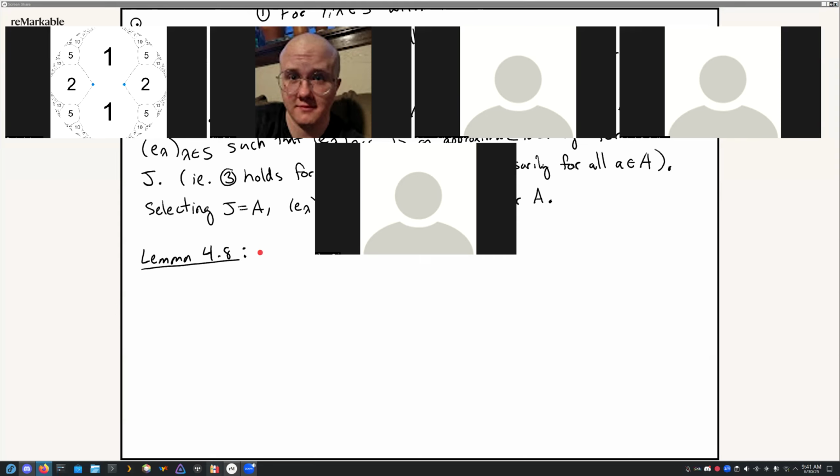It says that if J is an ideal in your C-star algebra, norm closed two-sided, that's what I always mean by ideal, then J is closed under taking adjoints. So I'll write that as J star is equal to J.